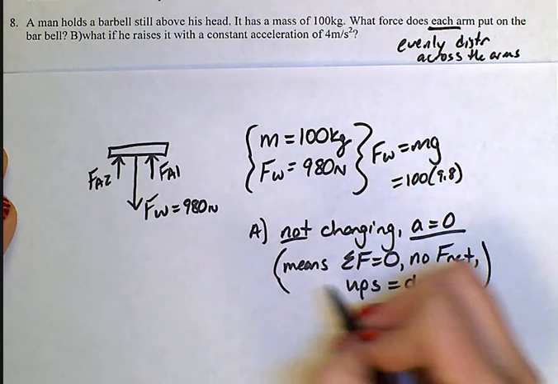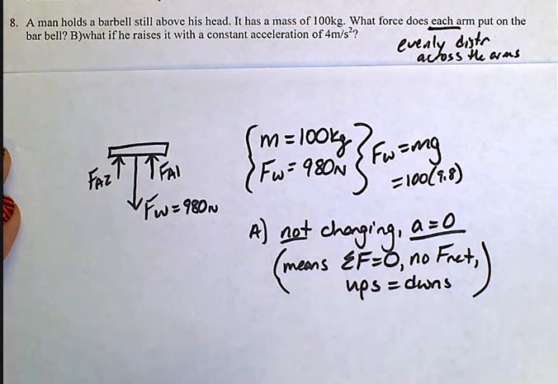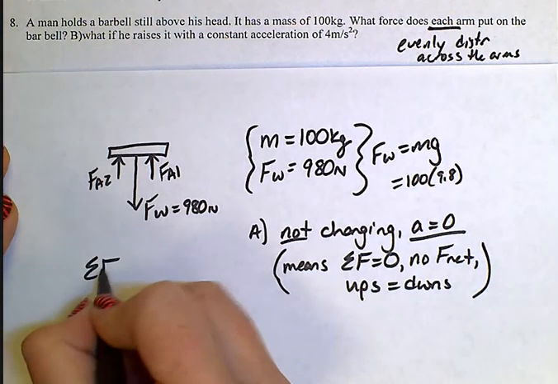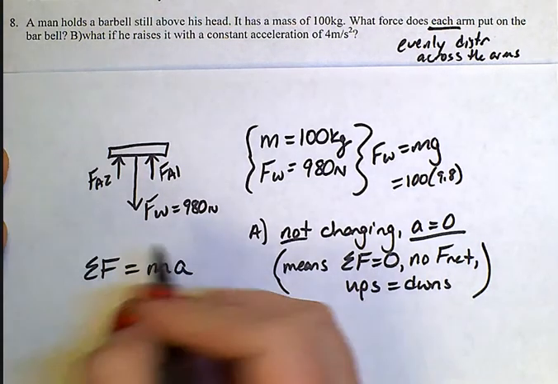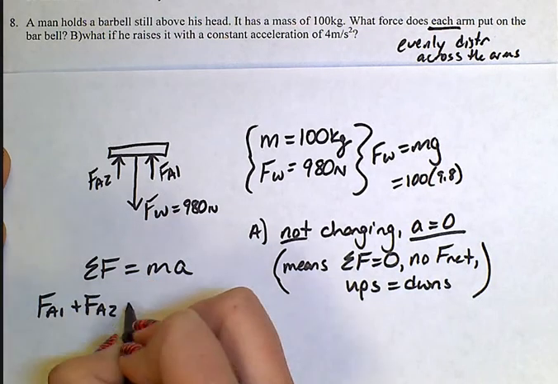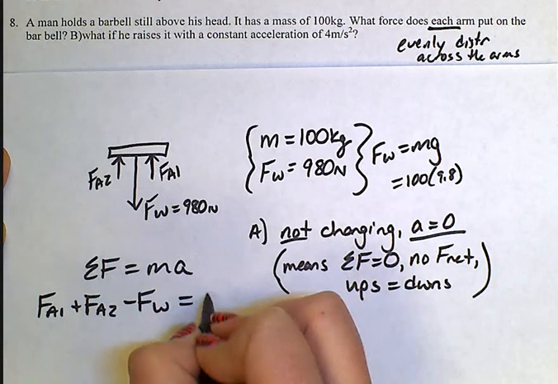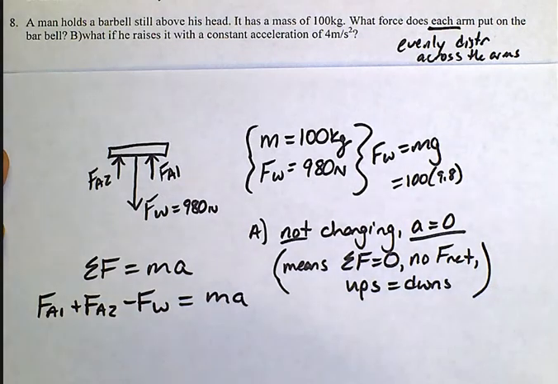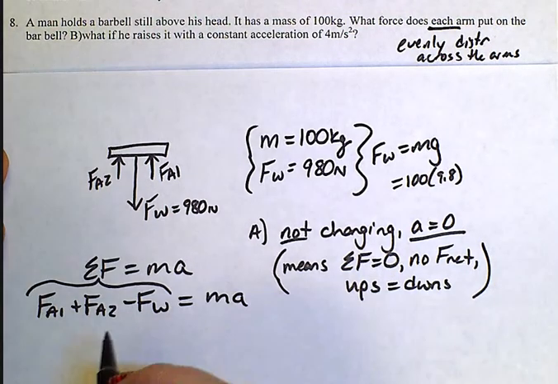Right? So in part A, the sum of the forces equals m times a. I have FA1 up, FA2 up, and minus the weight down equals ma. In this case, I just have 3 forces. So I write them all down. Don't forget your negative for weight. And fill in what I know here.